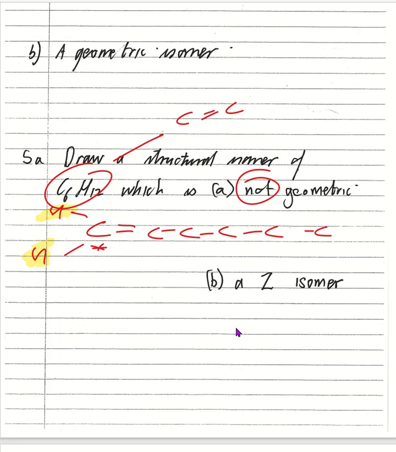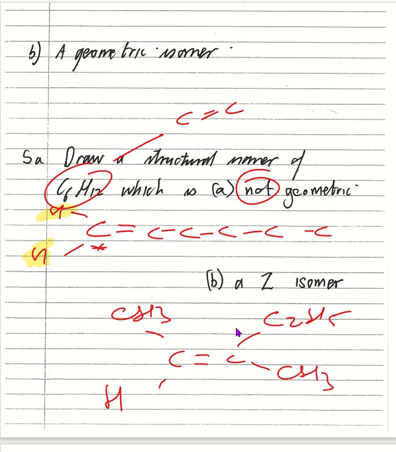Then you had to draw one which was a Z isomer, so you had to put the double bond in. Okay, and you had to have 2 different groups on the left, so I would have put a CH3 there, okay, and I would have put a hydrogen here, okay, and that left me 3 used up here, so I would have put a C2H5 there maybe, and I would have put a CH3 there.